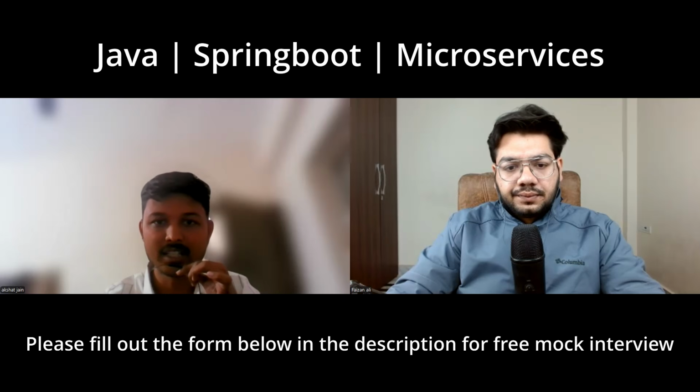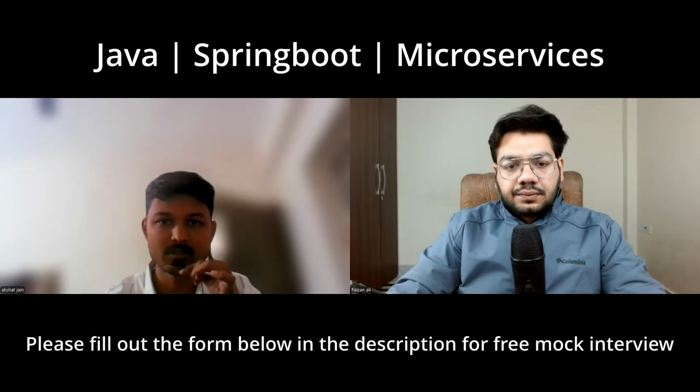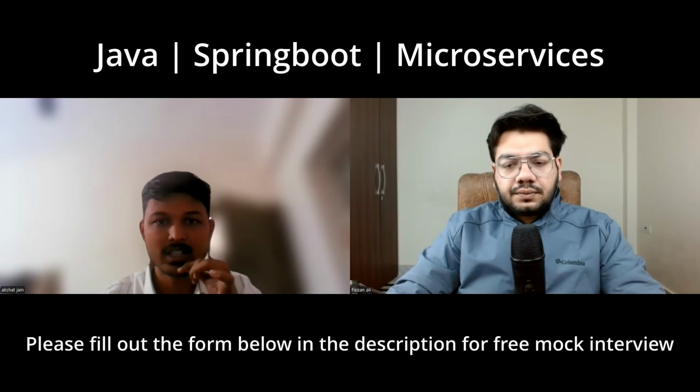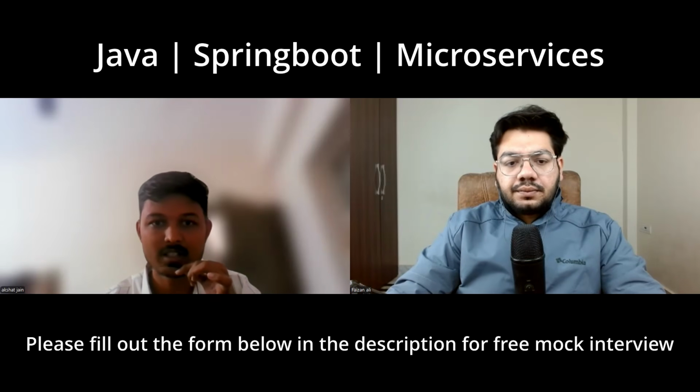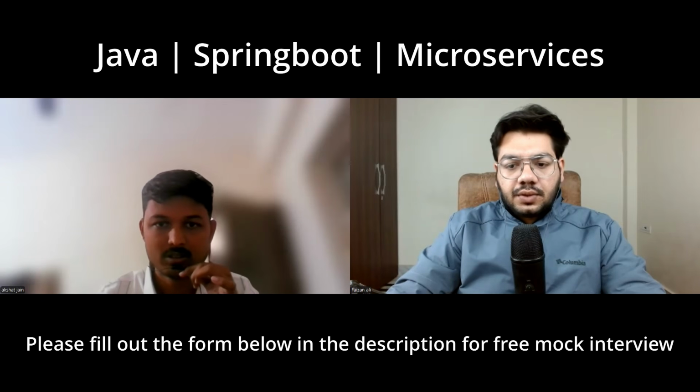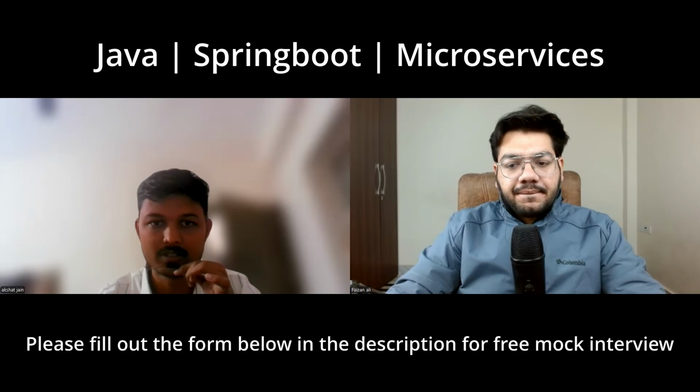If it is Hikari pool or DB related calls, then we check for that. If it is Java memory model related issues like heap or stack, then we check the specific calls, whether it is a particular method call issue or an object issue. Then we handle the particular issue.